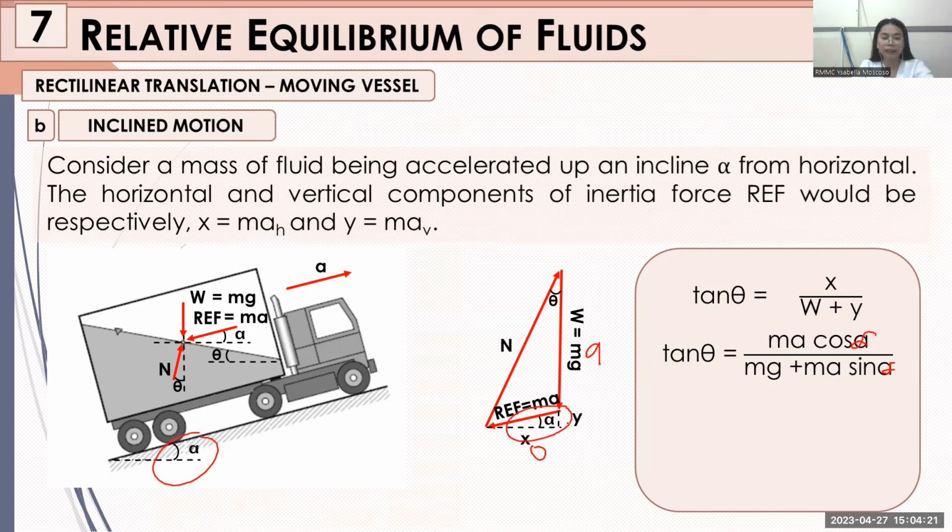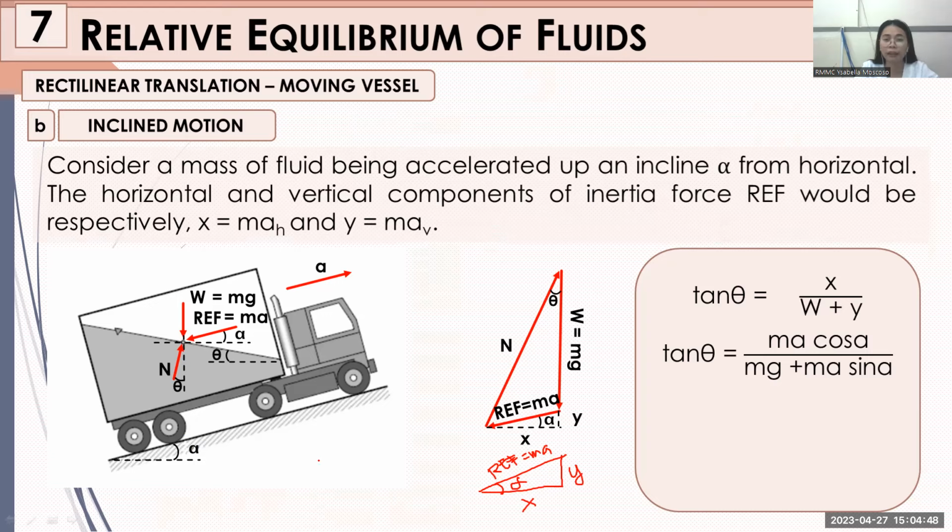Ito yon. So, try natin i-isolate itong triangle ninyo. Isolate ko yan. Kapag in-isolate ko yan, ganito yung itsura niya. This is your alpha, this is your y, this is your x, and this is your REF or reverse effective force, mass times acceleration. Kukunin ko yung value ng x ninyo with respect to your hypotenuse. So, ano yan? So, SOHCAHTOA.